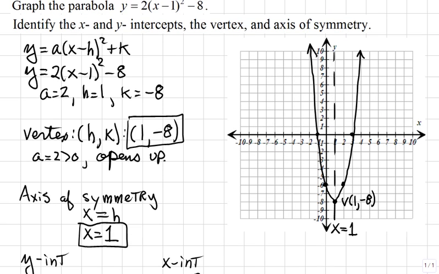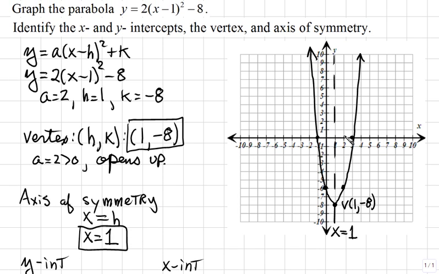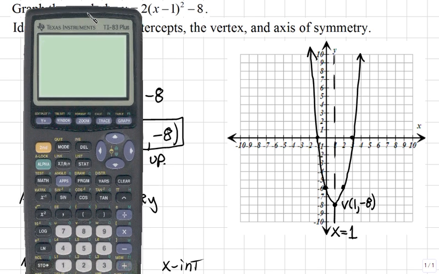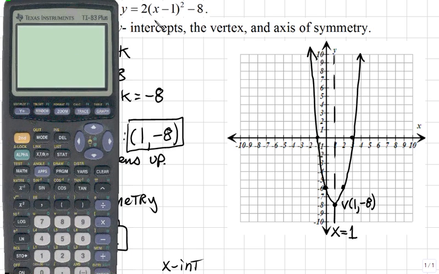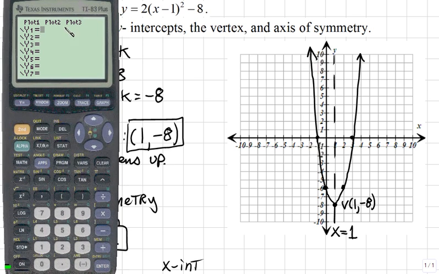In conclusion, let's also graph this on the TI-83 to confirm our results. So, bringing up a TI-83 graphing calculator, we'll enter in our function. To graph y equals 2 times x minus 1 squared minus 8, we'll hit the Y equals button on the TI-83. For Y1, we'll enter in 2 parentheses.